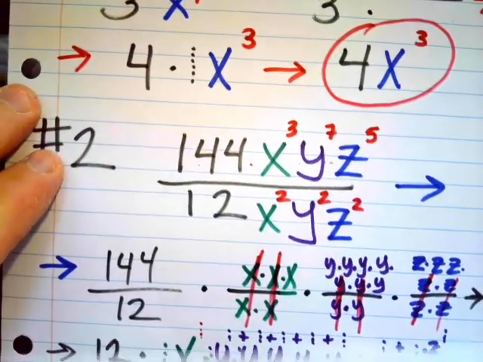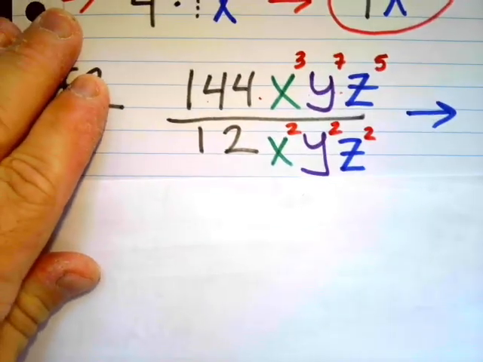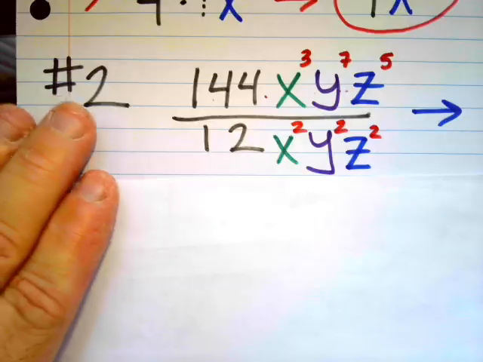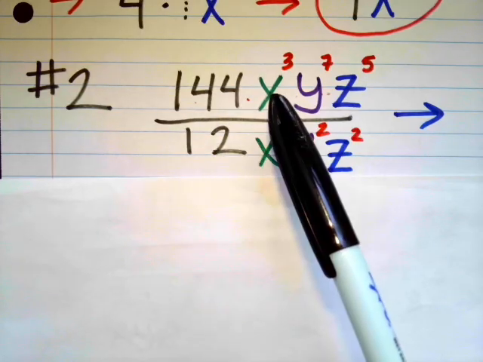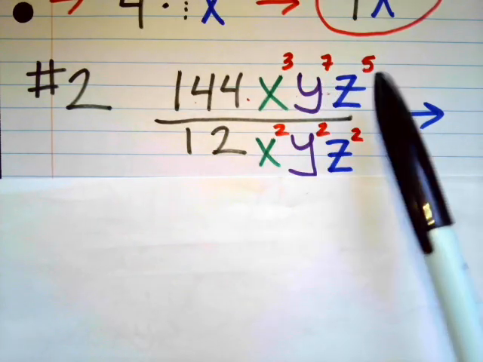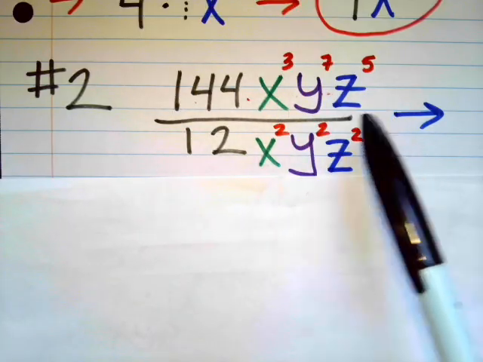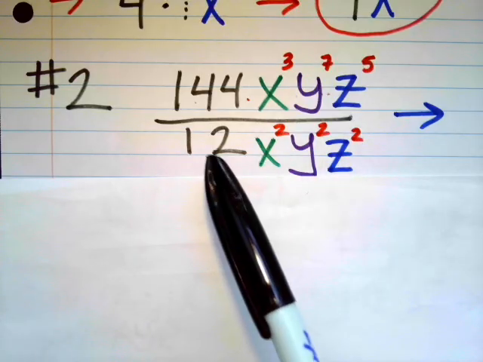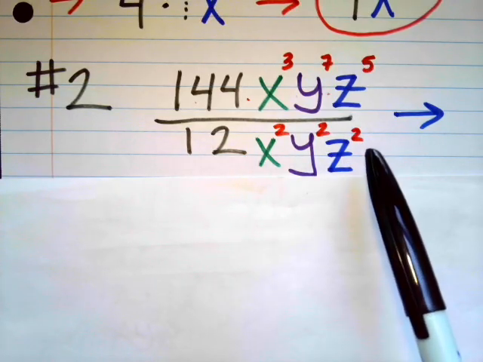This is a pretty large number, so as you can see here, I kind of gave you a little cheat sheet. I'd like to do this particular problem in expanded form. So again, all of these terms, 144 times x to the cube times y to the 7th times z to the 5th, when they're attached close together like that, that all means to multiply. Divisor bar means to divide. 12 times x squared times y squared times z squared.